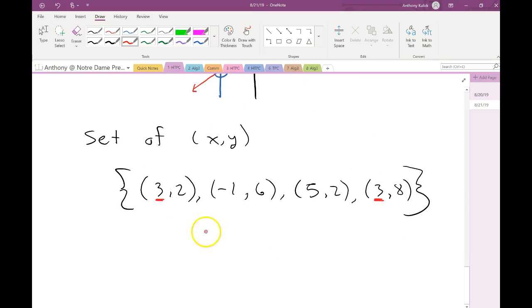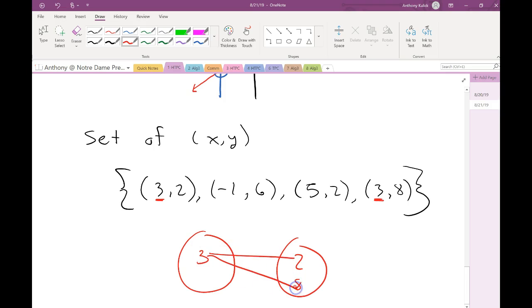If we drew this as a mapping diagram, we'd have 3 going to 2 different places. 3 would go to 2 and would be going to 8, right? So that's what we're looking for if we have a set of ordered pairs: repeated x coordinates. And as we mentioned, does it matter if the y coordinates repeat here? No. Not in determining whether it's a function or not.